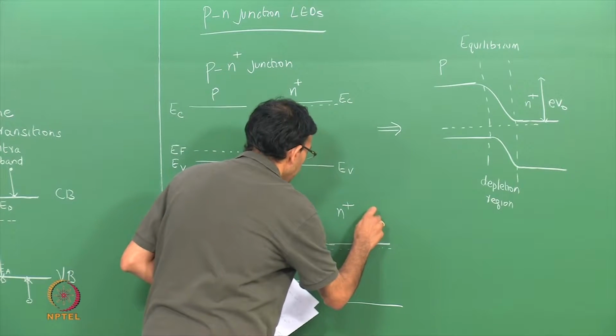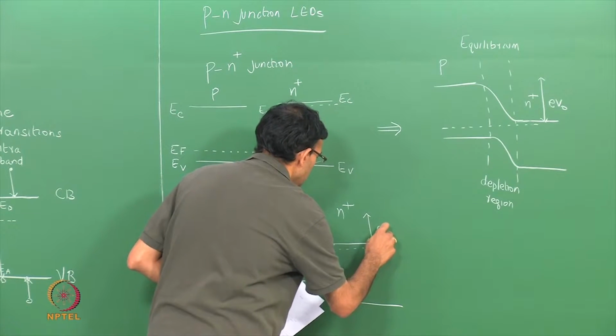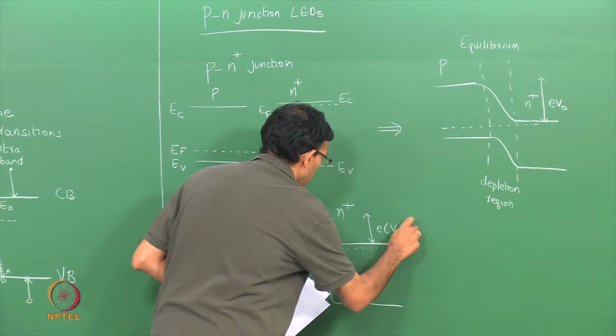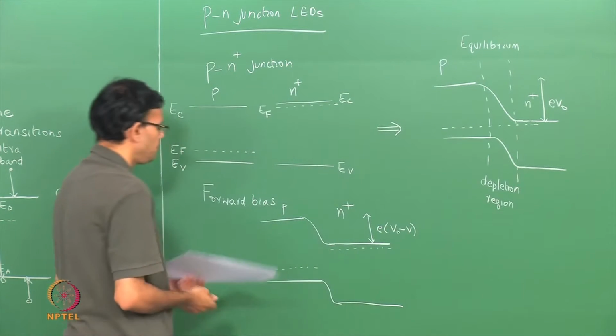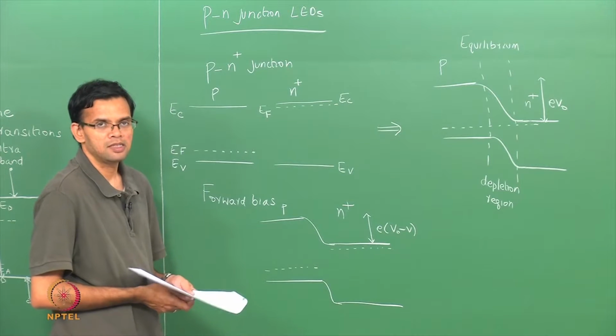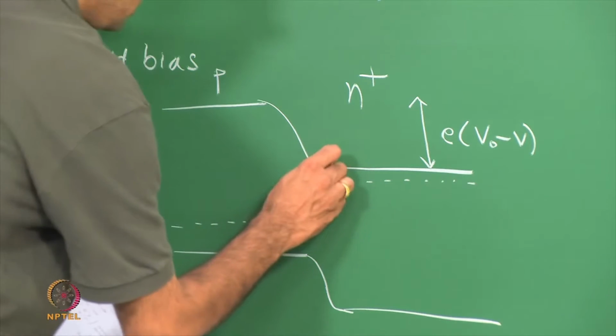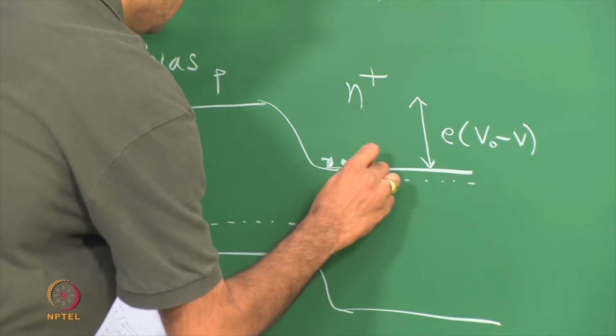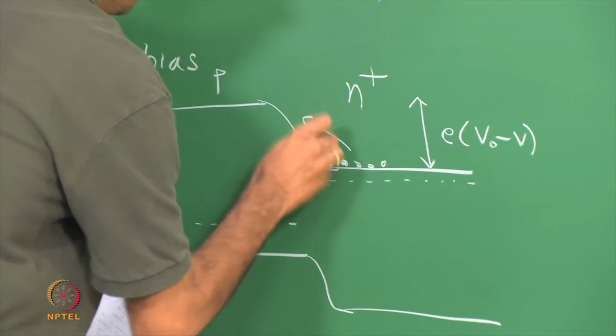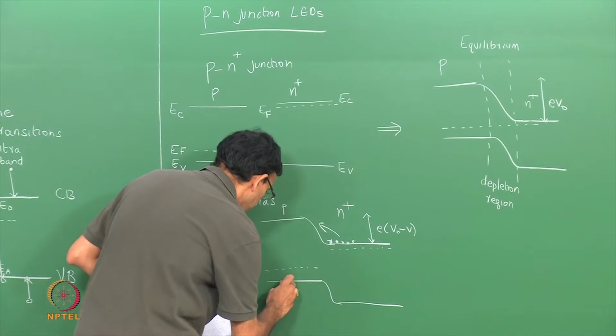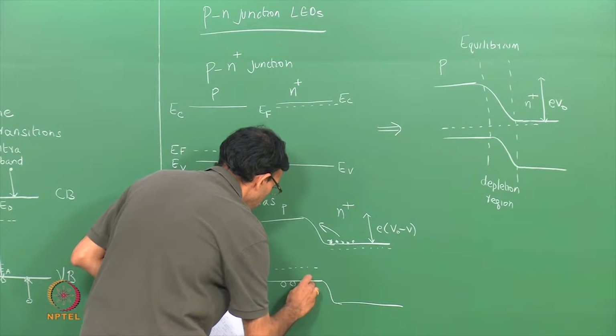So, your new barrier is E V naught minus V. So, when you forward bias, we lower the barriers for the electrons and holes to go across. And these are the holes.